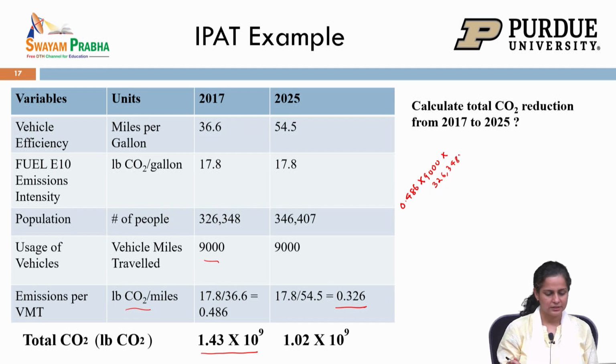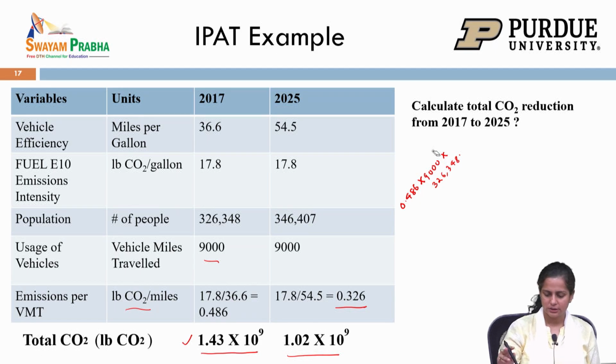So in this case, we are getting 1.43 into 10 to the power 9 for your total LbCO2, and for 2025 we are getting 1.02 into 10 to the power 9.